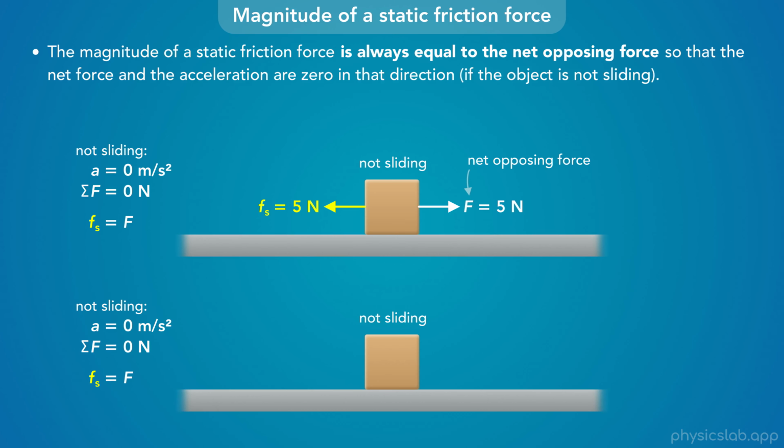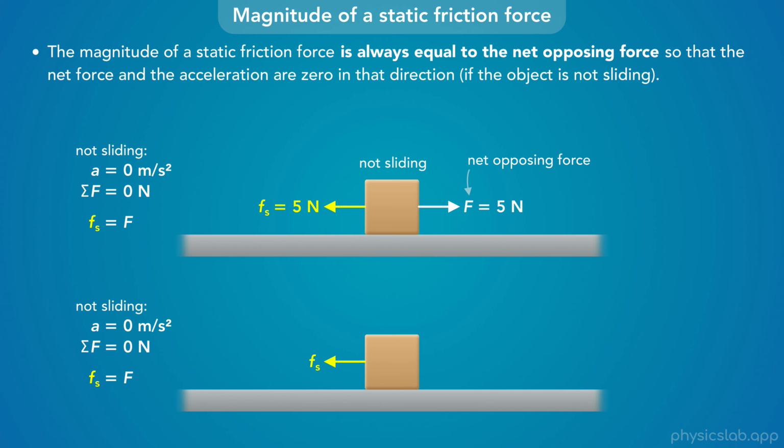This is always true if the box is not sliding, even if the net opposing force changes. For example, what would be the magnitude of the static friction force if there are no other horizontal forces on the box? Well, there would be no static friction force because there's no net opposing force. Nothing is trying to move the box, so there's no static friction force needed to keep it from sliding.